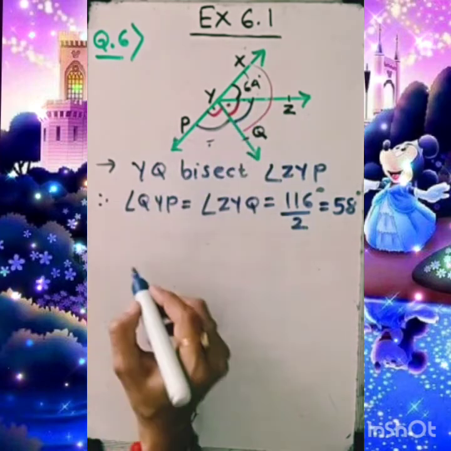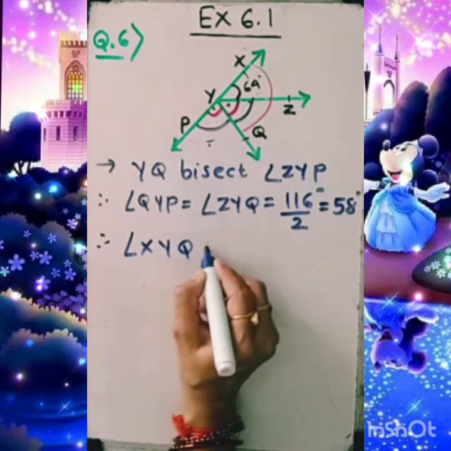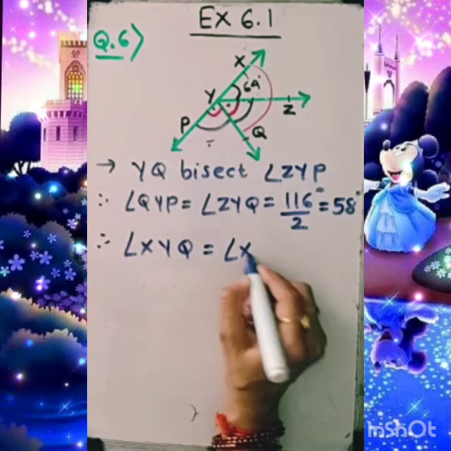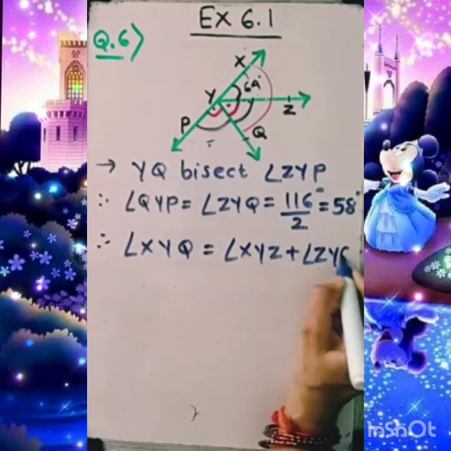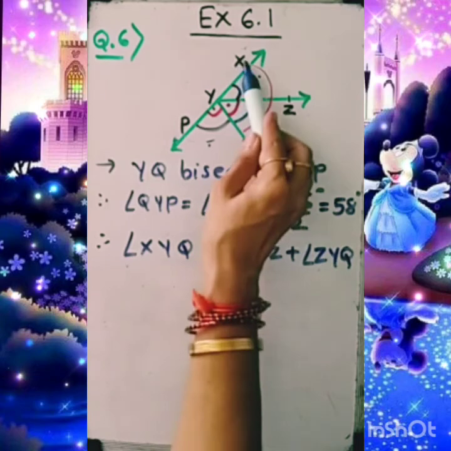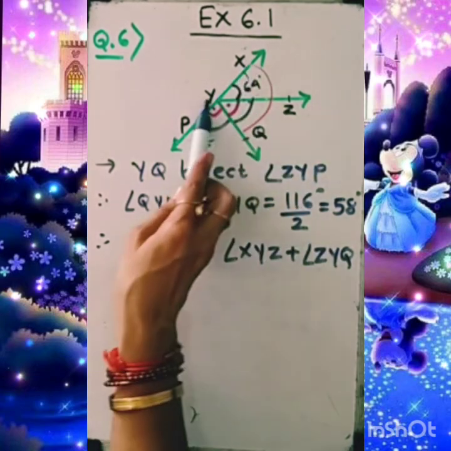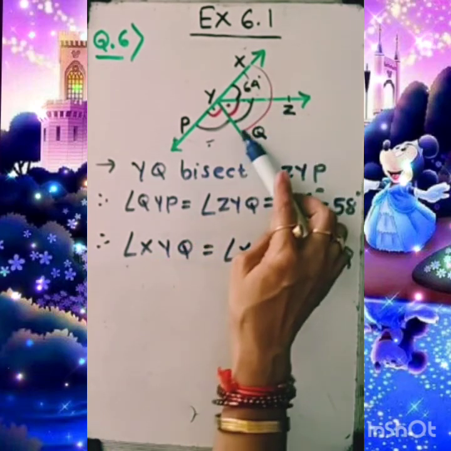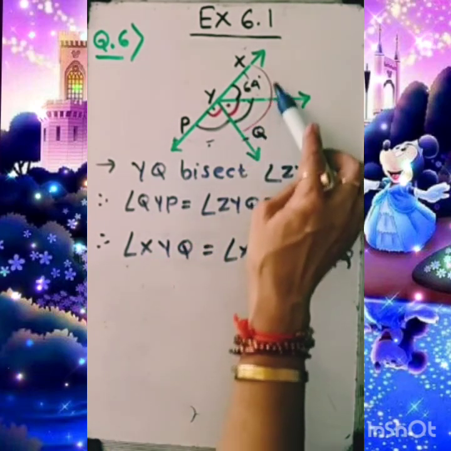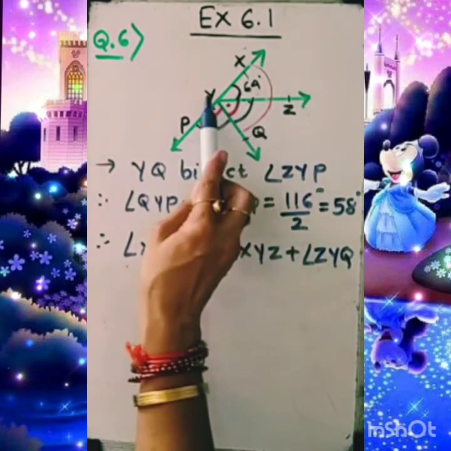Now one more thing about this. Can I say angle XYQ equals XYZ plus ZYQ. XYQ, look at your screen, this angle XYQ is the sum of these two angles. One of them is XYZ, and of course here ZYQ.